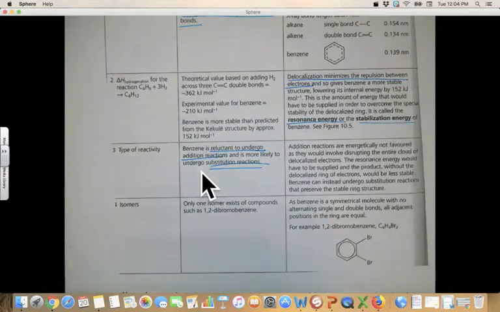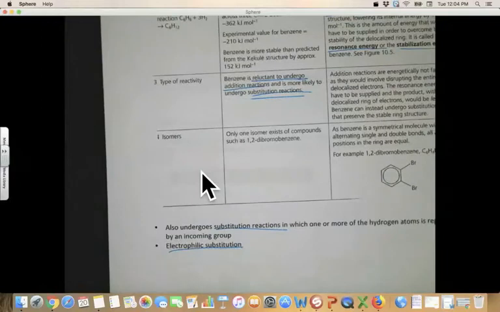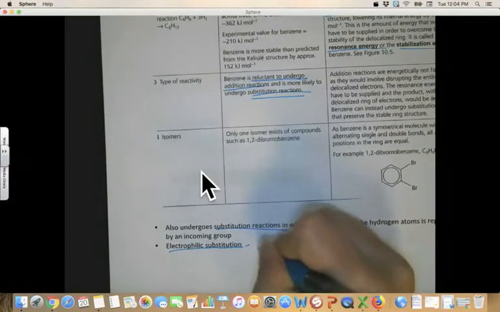So the one substitution reaction that we need to know is called electrophilic substitution. Well, we just said that a nucleophile was a nucleus lover, so an electrophile is an electron lover.